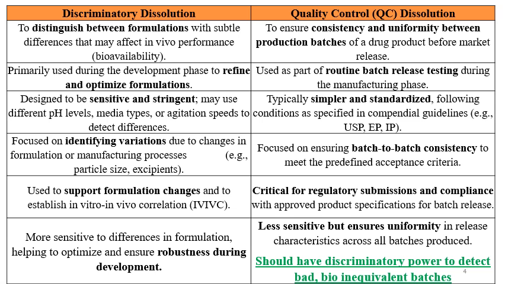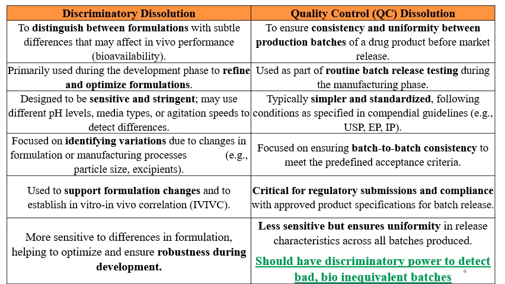Discriminatory dissolution method is focused on identifying variations due to changes in formulation, manufacturing process like CPPs, CMAs, and stability conditions, packaging materials, particle size, excipients, manufacturing process variations, etc.